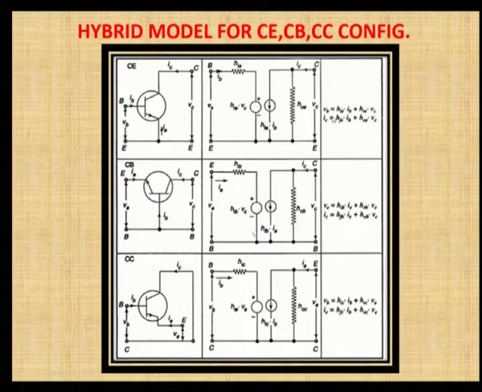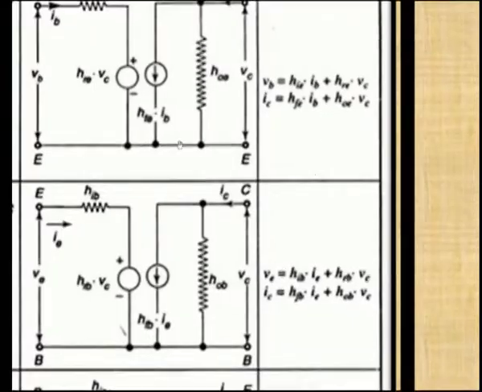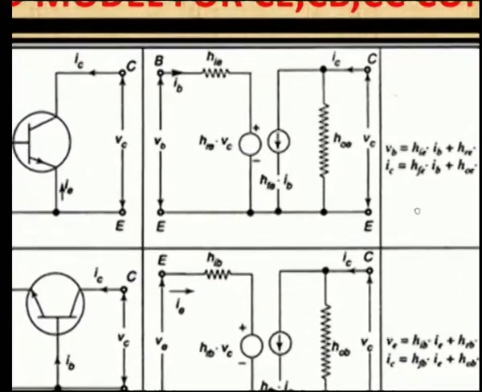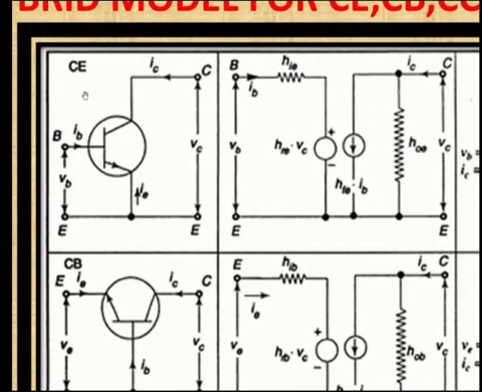Again, here the equation for this hybrid parameter is given as: for any circuit, for any transistor model, input voltage and output current are functions of the other 2 parameters. When you look at this equation, VB is the input voltage according to the common emitter configuration and IC is the output current.